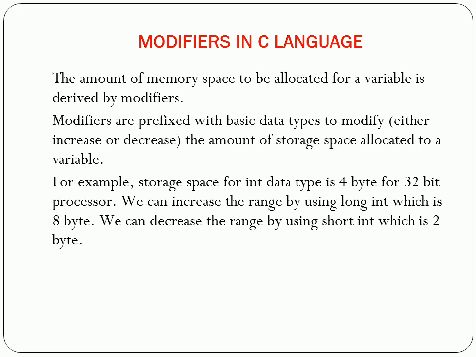So you have to use long int. Then automatically it takes 8 bytes instead of 4 bytes. If you want to decrease the range of data type values, instead of using long, here we can make use of the short keyword. That is, if you denote short int, then it takes 2 bytes instead of 4 bytes.